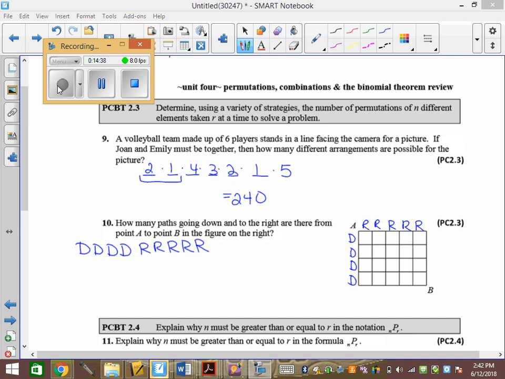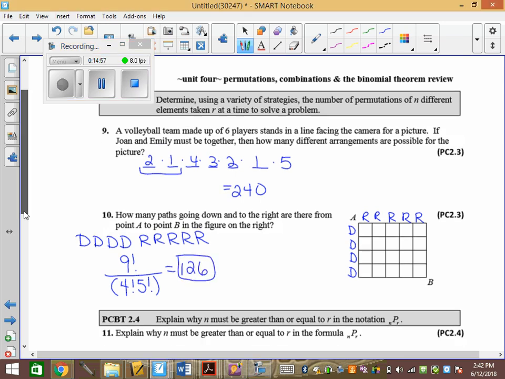So on the top, we'd have 9 factorial for all of the letters. But on the bottom, we divide by 4 factorial, 5 factorial for the fact that they're all the same, the Ds and the Rs. So what is our answer? 126. Thank you. Okay.